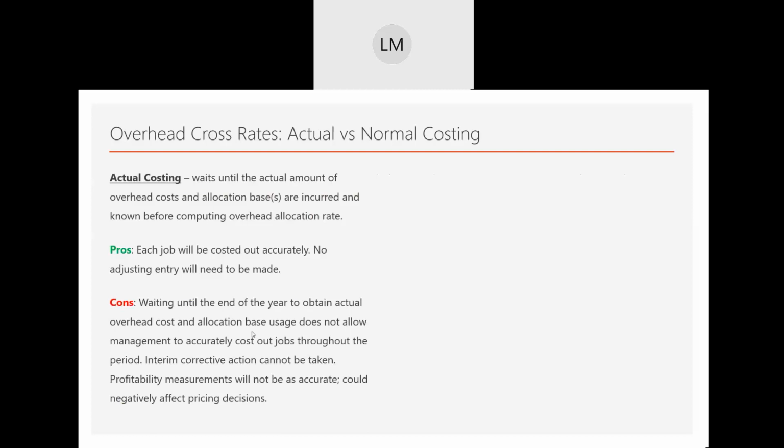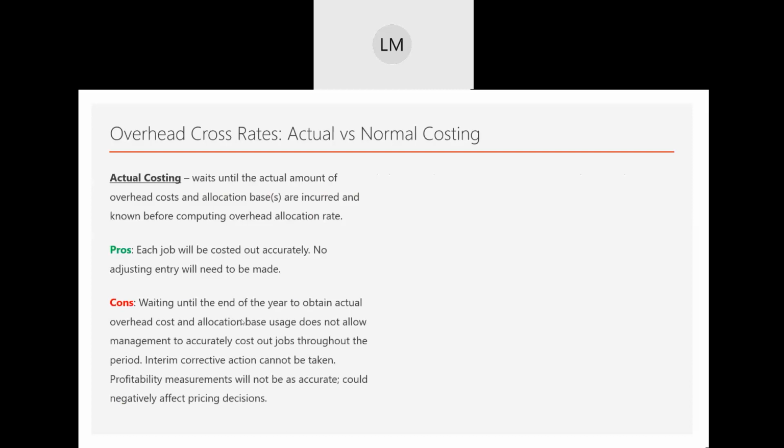Now, one of the cons is that waiting till the end of the year to obtain actual overhead cost and allocation base usage doesn't allow management to accurately cost out jobs throughout the period. So corrective action in the middle of the period and throughout the period can't be taken. So our profitability measurements will not be as accurate as we go along, and it can negatively affect pricing decisions.